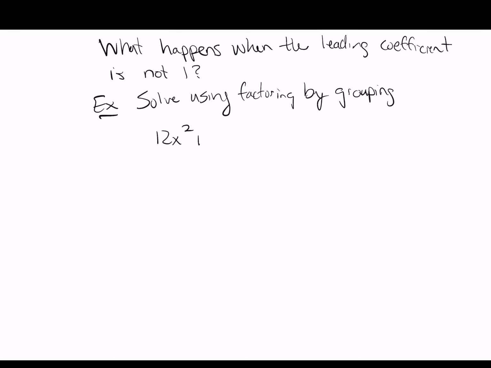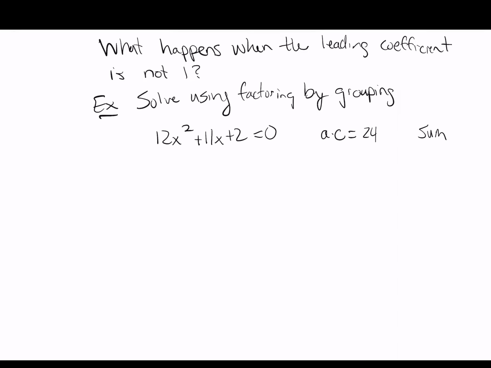12x² plus 11x plus 2 equals 0. So what do we want to do? Well, we need to look at the factors of a times c. What is a times c? Well, that's 12 times 2, or 24. The factors of 24, and we want the sum of those to equal 11.